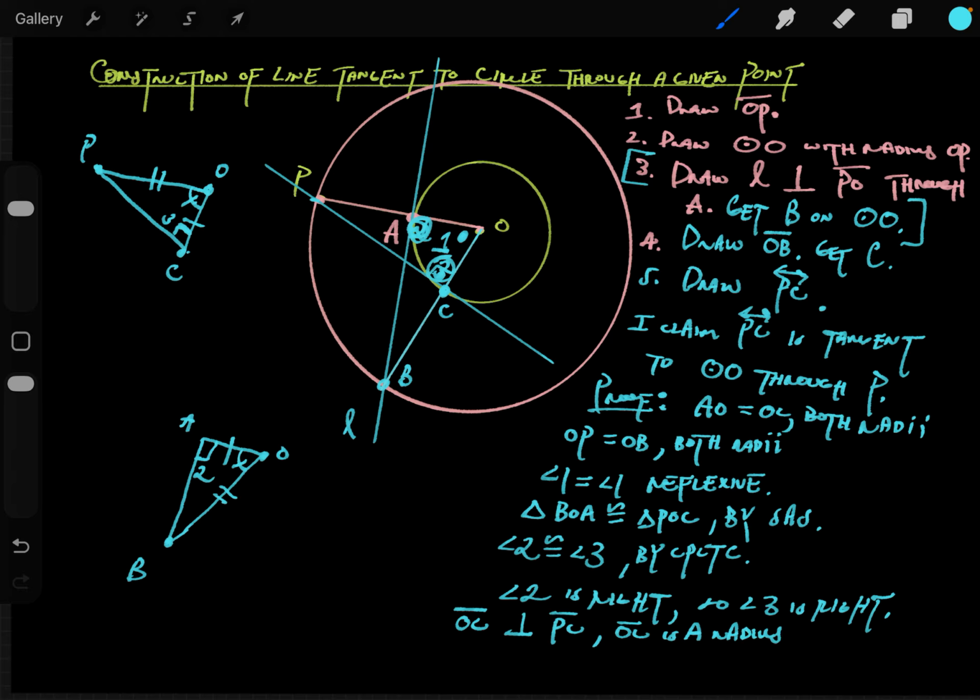So by the theorem that if a line is perpendicular to a radius, then the line is tangent, the radius tangent theorem, PC is tangent to circle O. And now you're done.